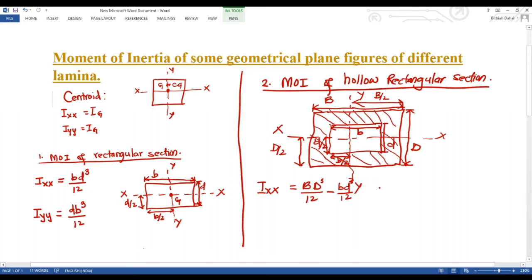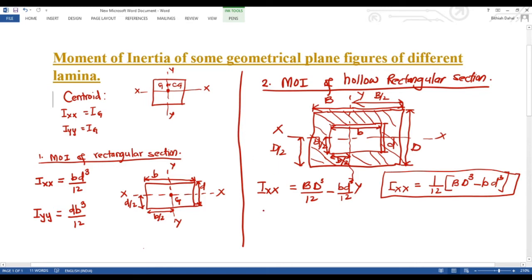I can further write it as Ix equals 1 by 12, since 1 by 12 is common, open the bracket, BD cube minus small b d cube. So this is the moment of inertia for a hollow rectangular section about Ixx.